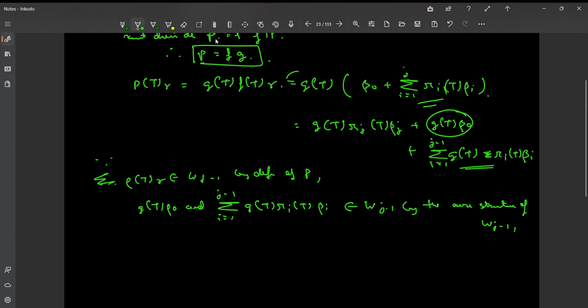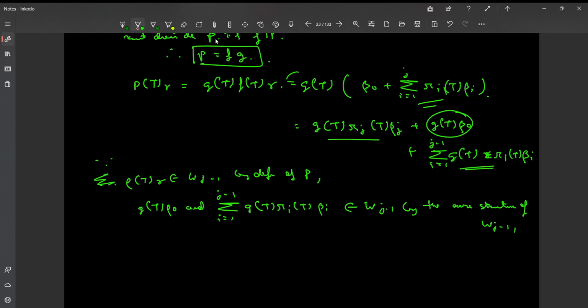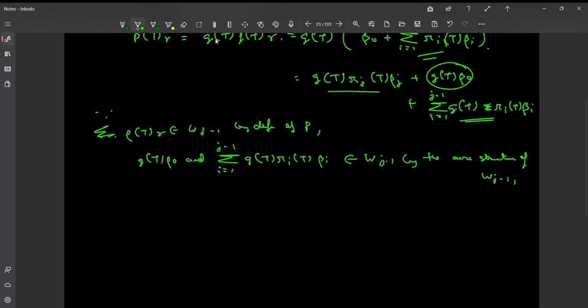So that immediately means that this must be an element of Wj minus 1, right? Therefore, g(T) rj(T) beta j must be an element of Wj minus 1.